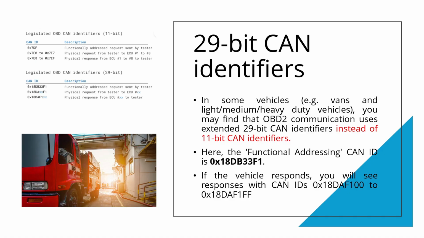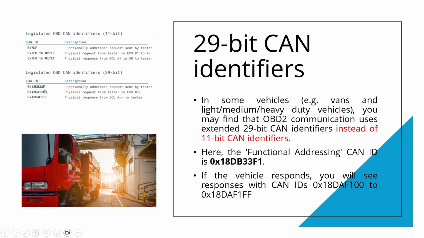And the second mode of addressing, that is physical addressing: instead of asking all ECUs, a particular ECU is addressed by using its physical address and a response is expected. So under the 29-bit CAN identifier, this 18DAXXF1 is used for physical address to request from the tester to a particular ECU of XX.